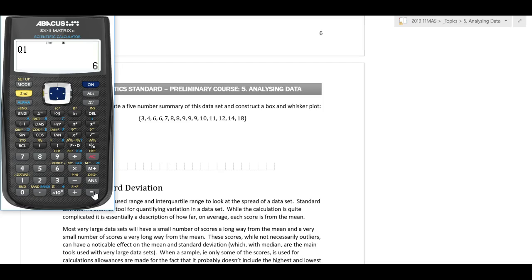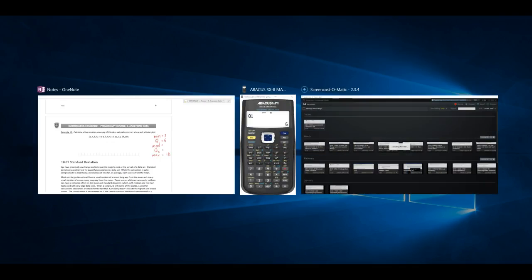So let's write some of these things down. My minimum is 3. Q1 is 6. I need the median. This is called a 5 number summary, by the way. Q3, and then the maximum is 18. So back to my calculator.